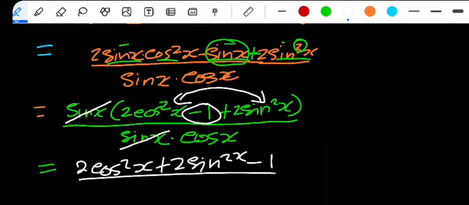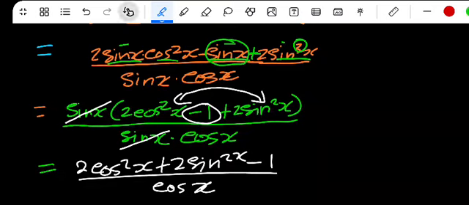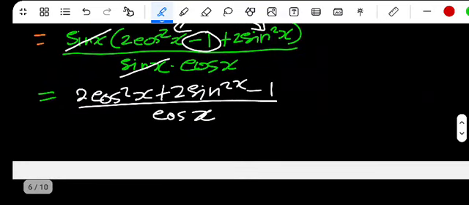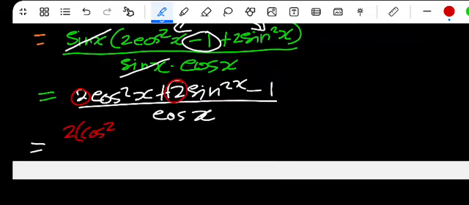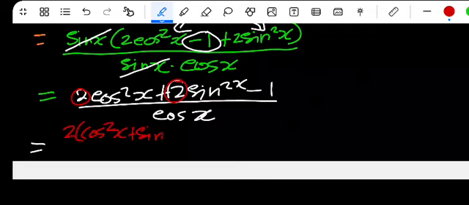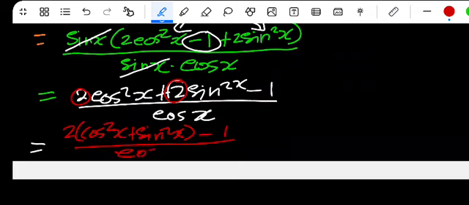All divided by cos x. There's something you should notice. Here we can take out the common factor of 2. If you take out 2 as a common factor, we'll have cos squared x plus sine squared x, minus 1. Something nice will take place there.